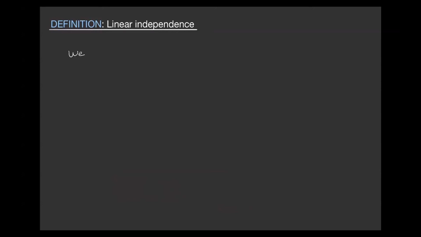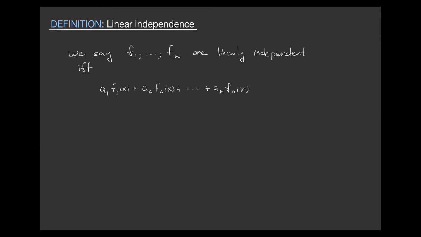We say functions f1 through fn are linearly independent if and only if, that's what the iff means, we take a1 times f1 of x plus a2 f2 of x, etc., plus an fn of x, and set that equal to 0, then that implies that a1 is equal to a2 is equal to, etc. All these are equal, and they're all equal to 0.